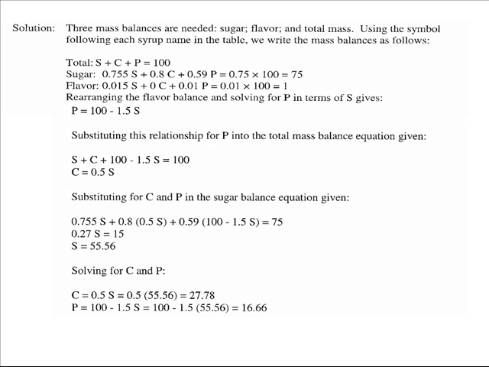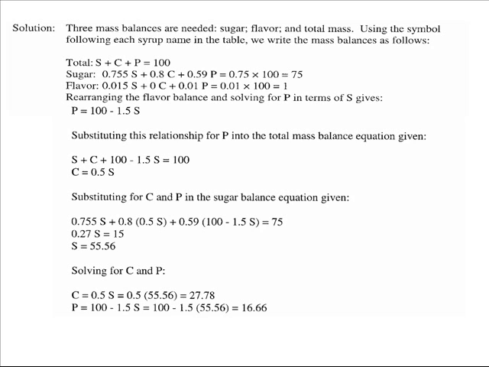That is the percentage of sugar in the desired blend times the amount of desired blend that we want in kilograms, which comes out to be 75 kilograms.